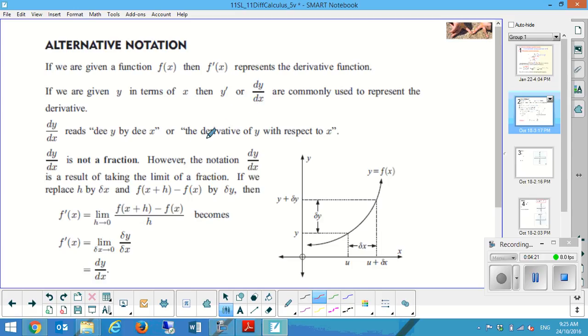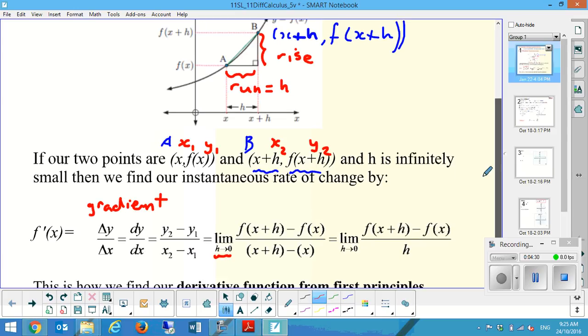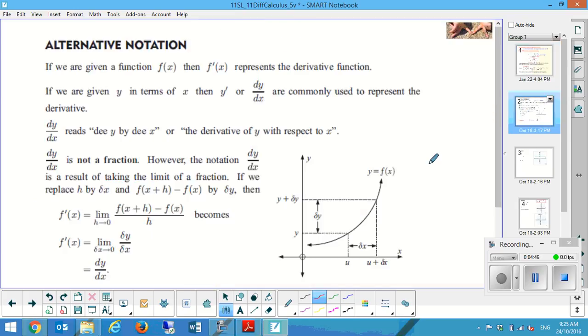We say dy dx because it's to do with the change in the y's. So back here where we looked at our change in y, that triangle there is often called a delta. So we could call it delta y over delta x, and that just got abbreviated to dy and dx. So that's where that notation comes from.